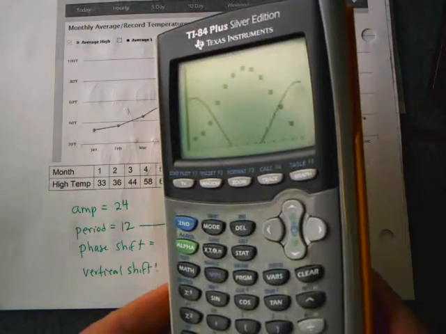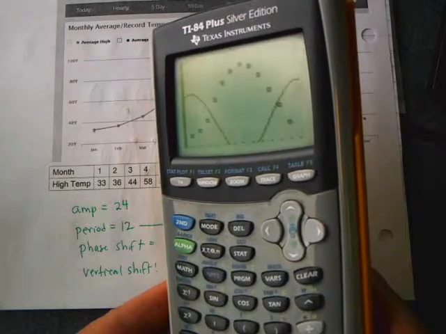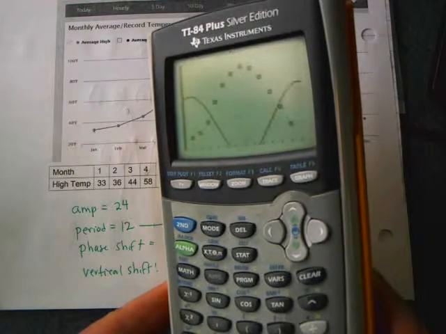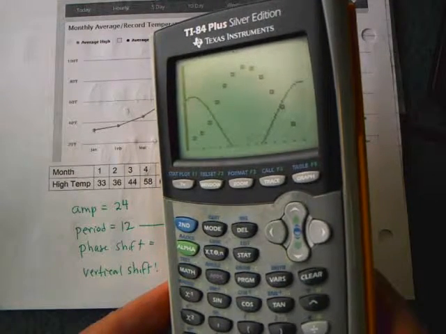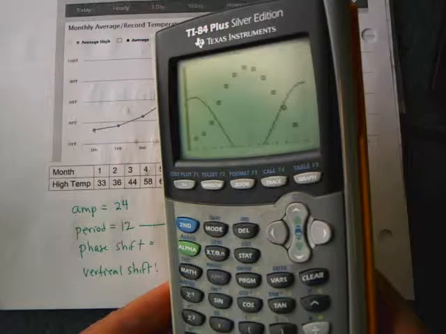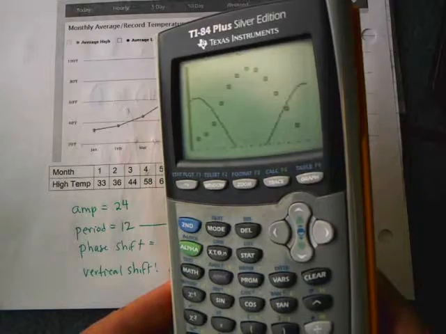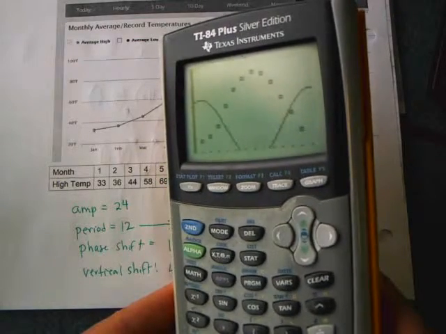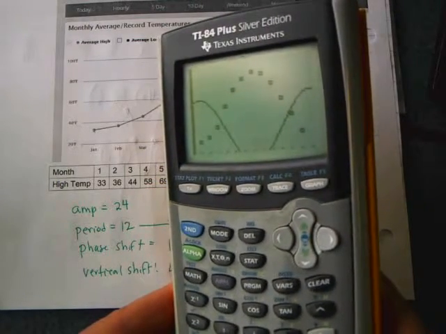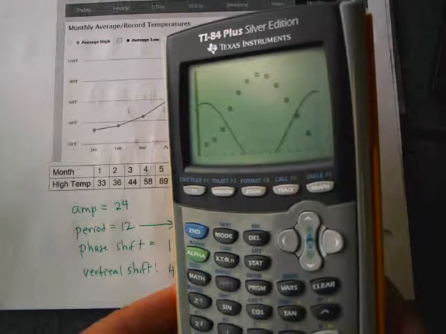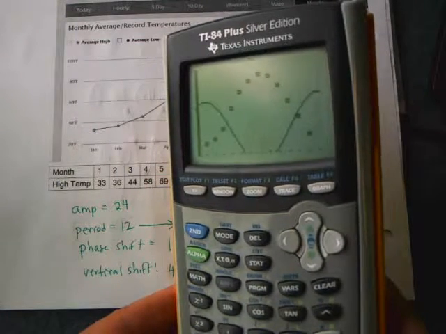What do you think? Do we have the right equation? The amplitude might be negative. Yeah, it certainly looks like we got a problem, don't it? It certainly looks like our graph is upside down. So how do I fix my graph being upside down?